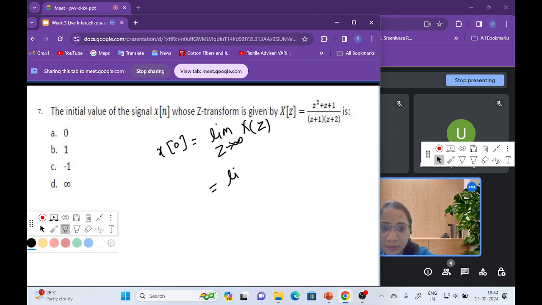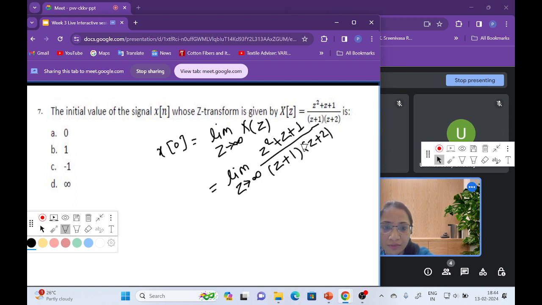Just put infinite in z square plus z plus 1 divided by z plus 1 z plus 2.